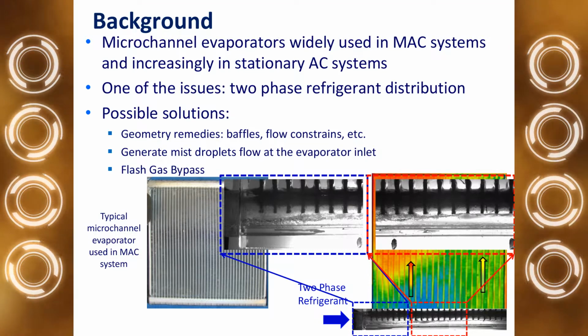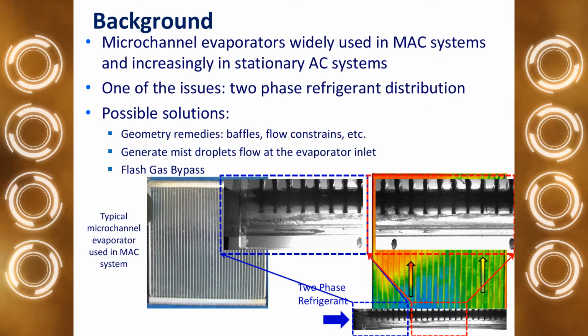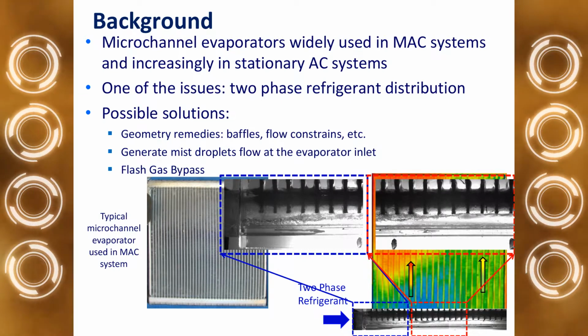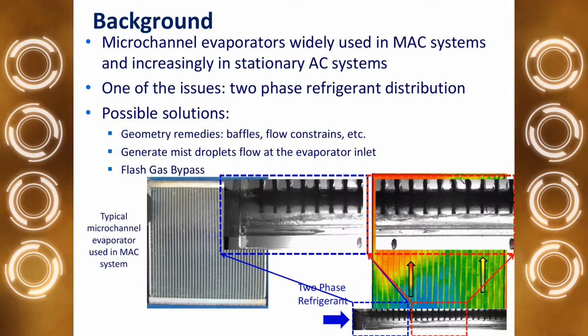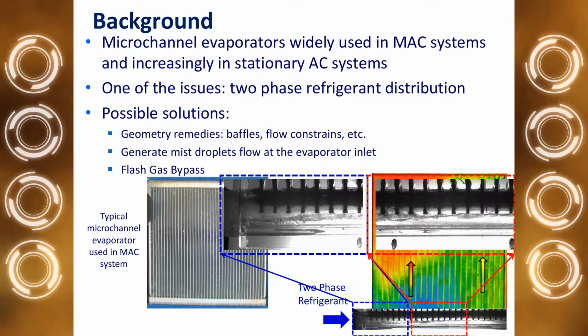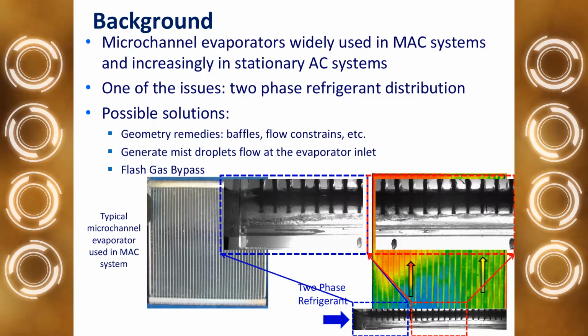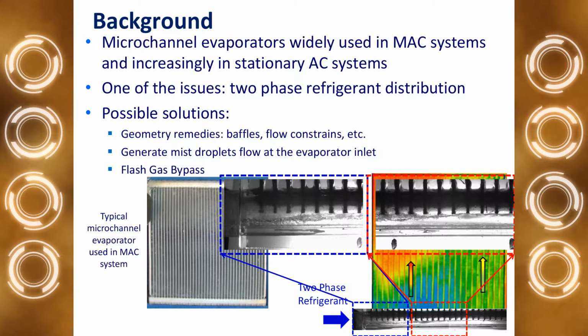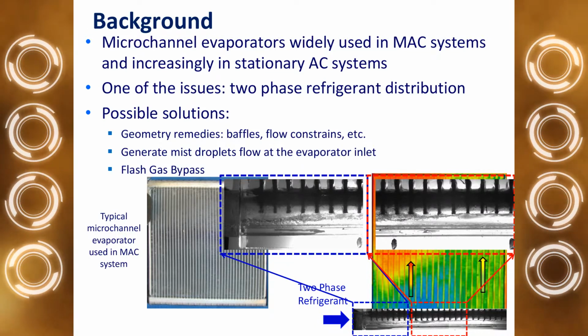On the left side, you can see one of the typical microchannel evaporators, which is used in MAC systems, and on the right side, you can see the infrared image of that microchannel when it's running. What we can see here is that at the inlet header, at the first part, we had liquid at the bottom, and on the top we have vapor, which is going to those first microchannels.